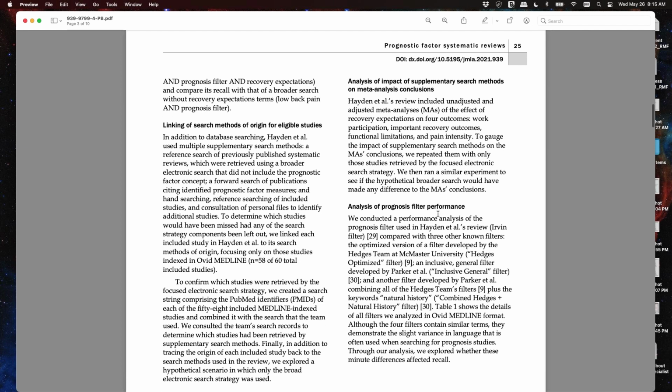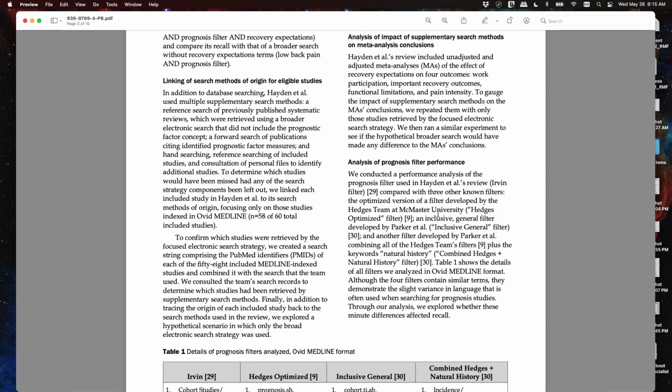And last but not least, they wanted to analyze the performance of the prognosis filters. And the original review used a prognosis filter by Irvine, which I wasn't aware of.